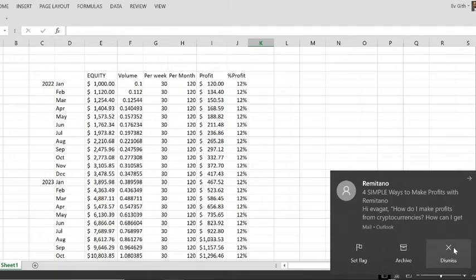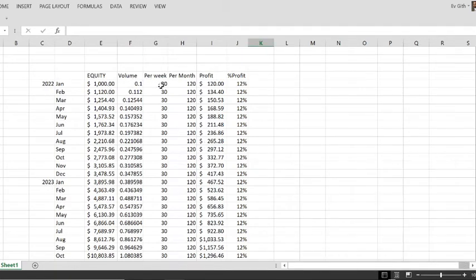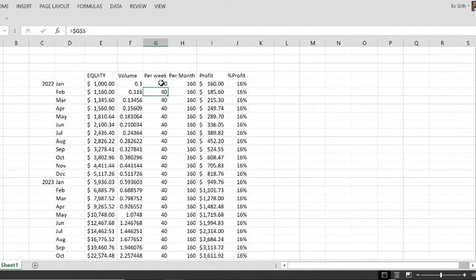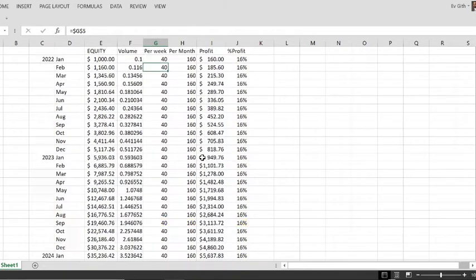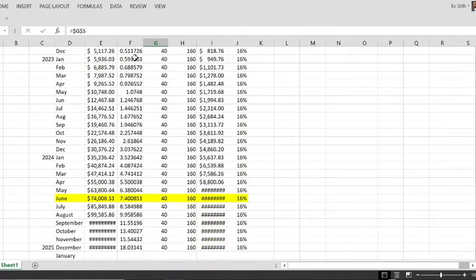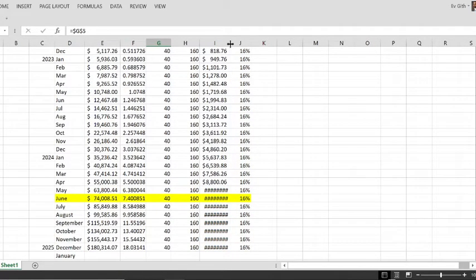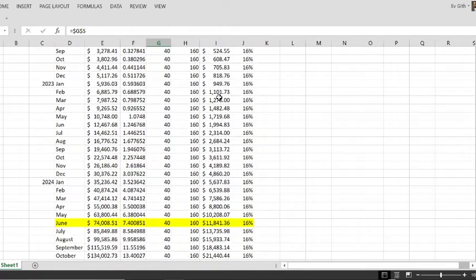Now, if I optimize my strategy and I'm able to make around 40 pips per week, I will reduce the journey to around, by which month?